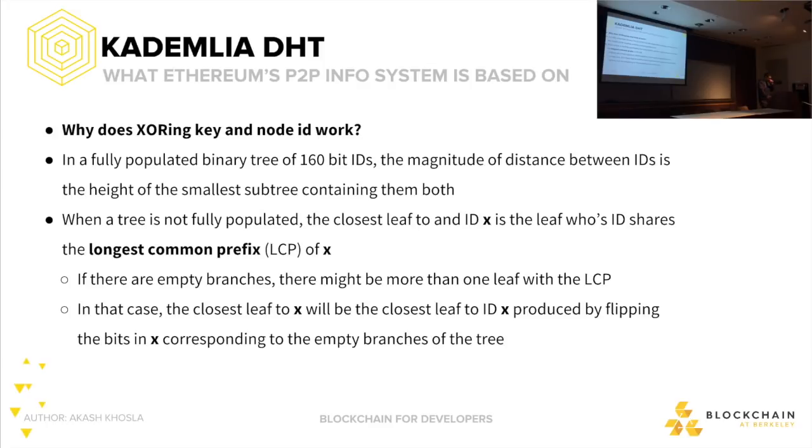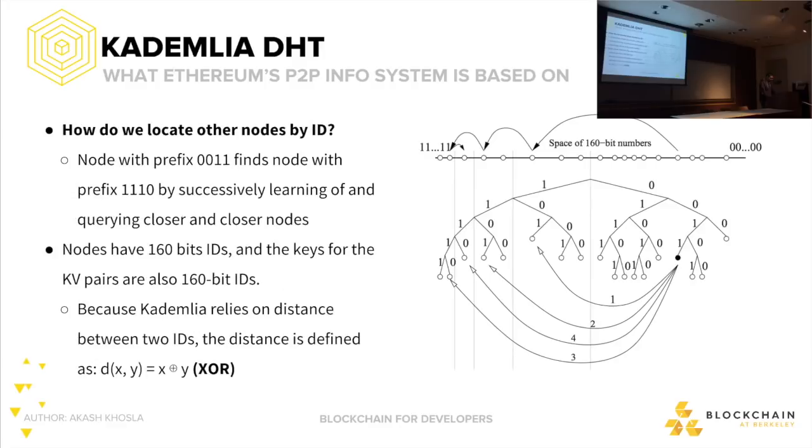When a tree is not fully populated, the closest leaf to an ID X is a leaf whose ID shares the longest common prefix of X. So here we look for the longest common prefix of the IDs, and that's how we end up converging to them. The edge cases are if there are empty branches.